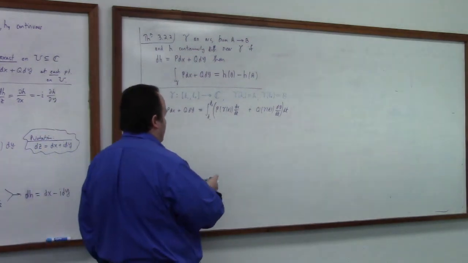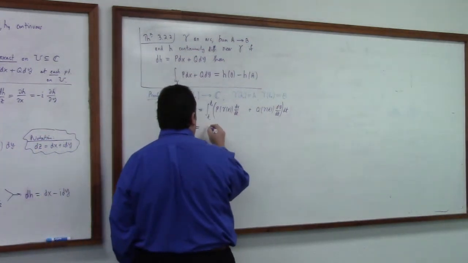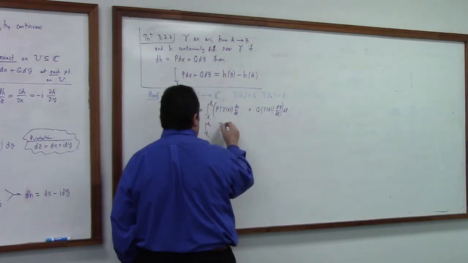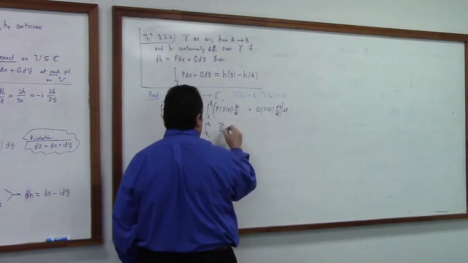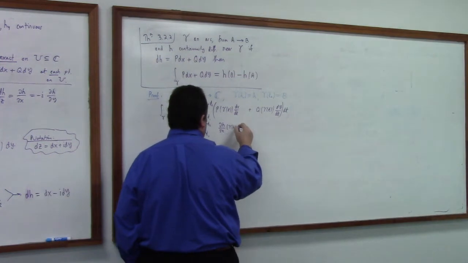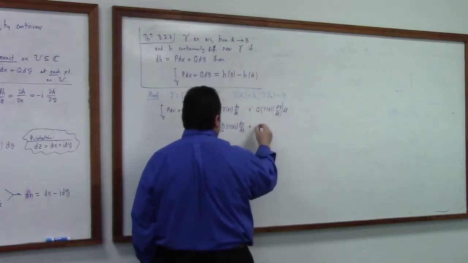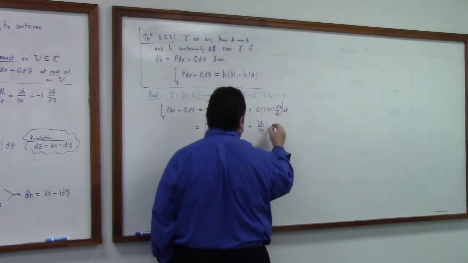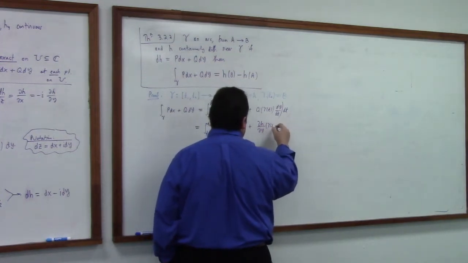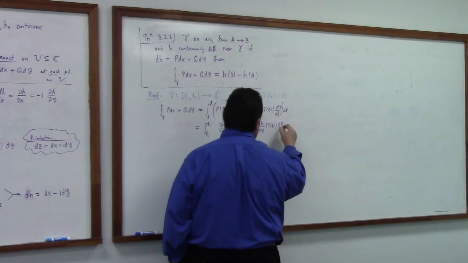So that means that this p is actually what? It's actually partial h, partial x of gamma of t, dx dt, plus partial h, partial y of gamma of t, dy dt.